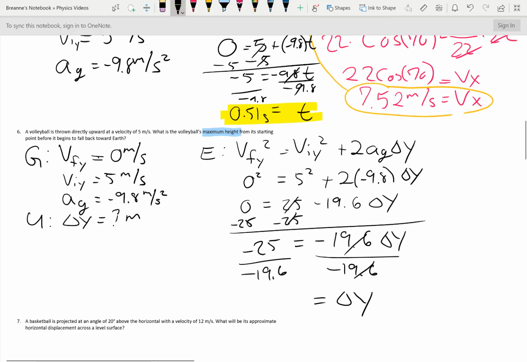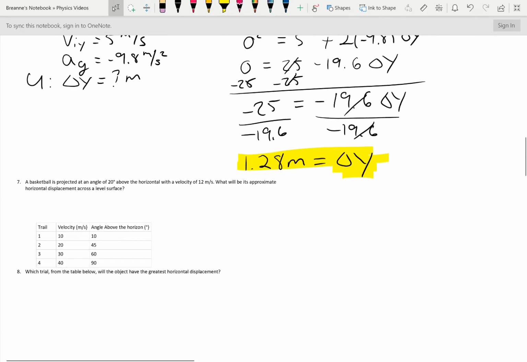So you do negative 25 divided by negative 19.6. Again, that 9.8 needs to be negative. And you get 1.28 meters. There you go. That's how you find max height.